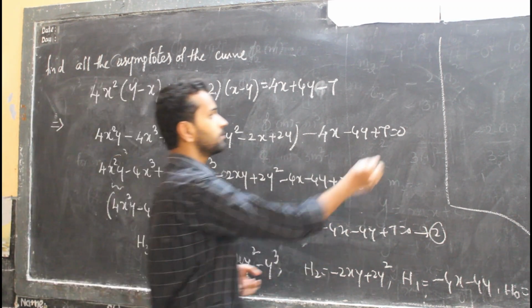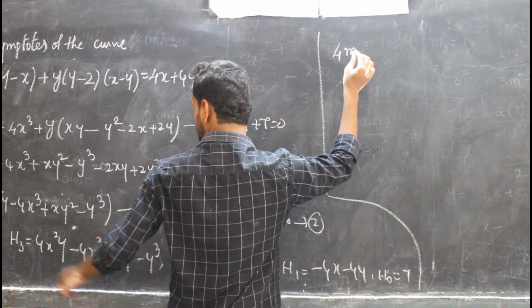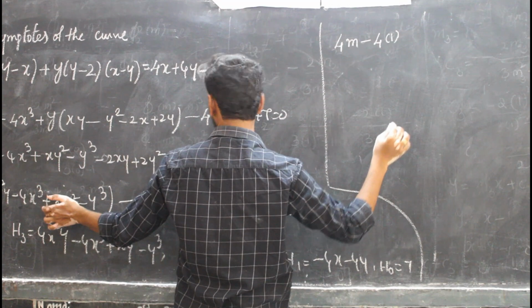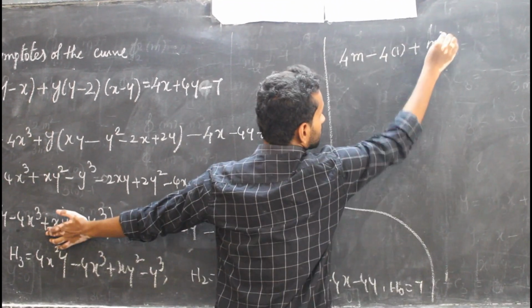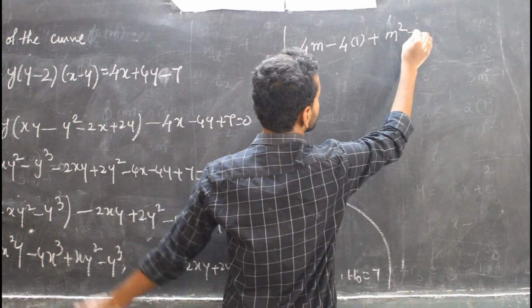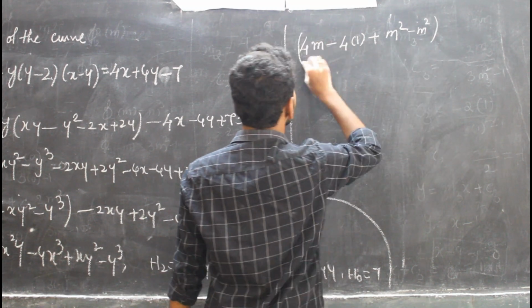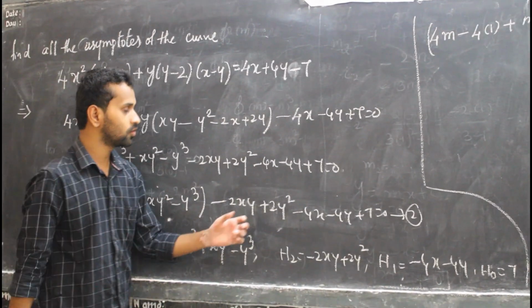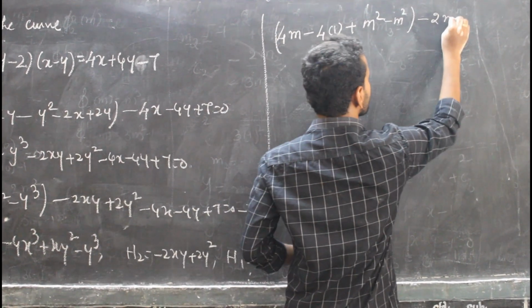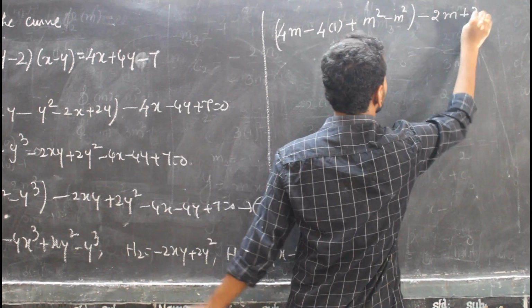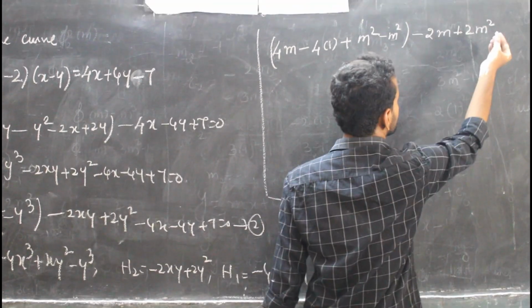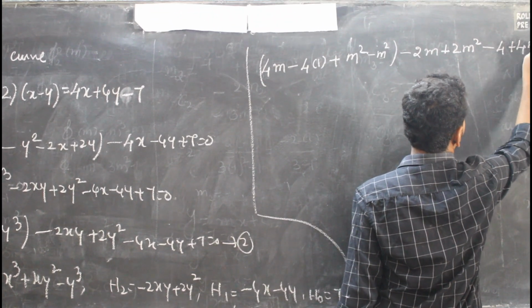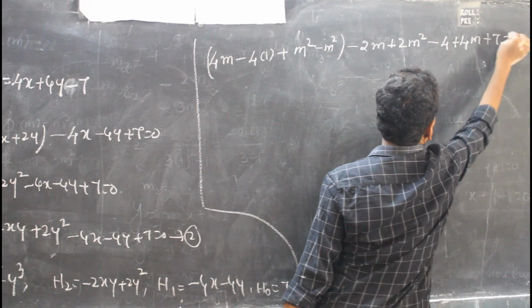So that becomes 4m minus 4 into 1, x equal to 1, plus m square, next minus m cube, minus 2 into x equal to 1 again here, y equal to m, that becomes minus 2m plus 2m square. Next one will be minus 4 plus 4m plus 7 equal to 0.